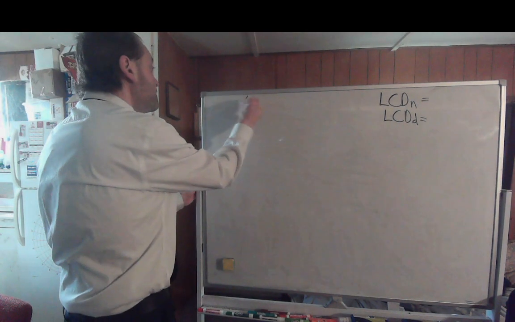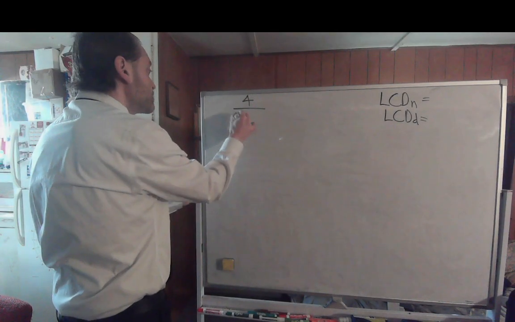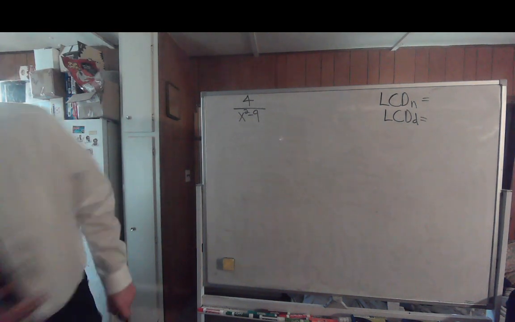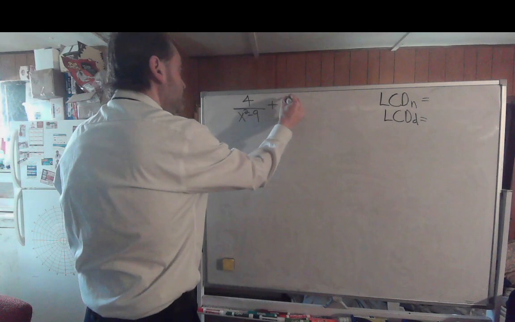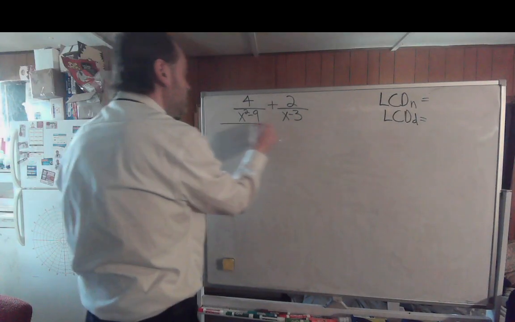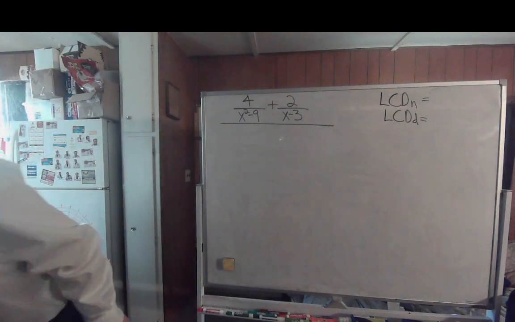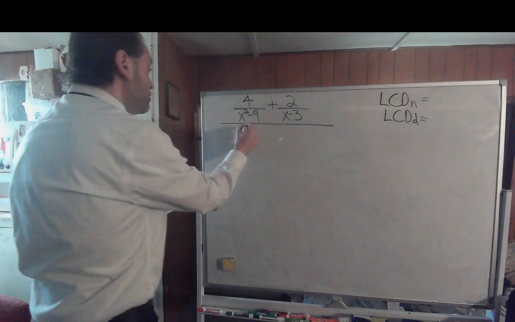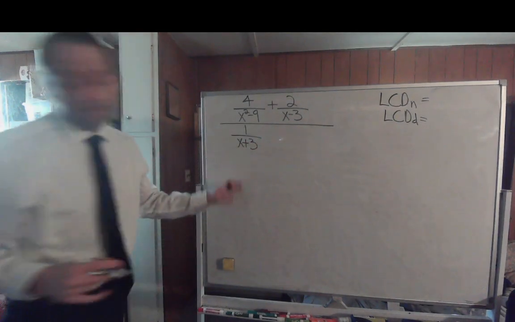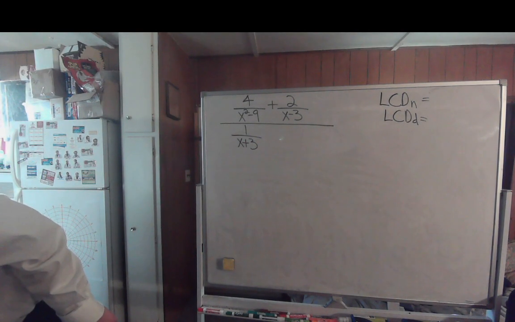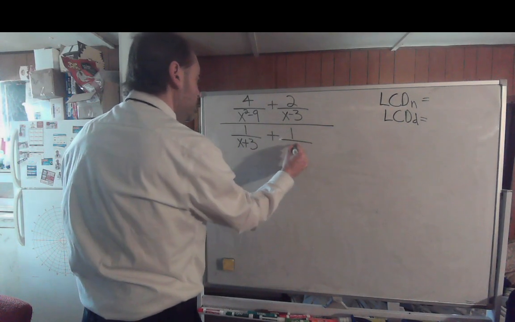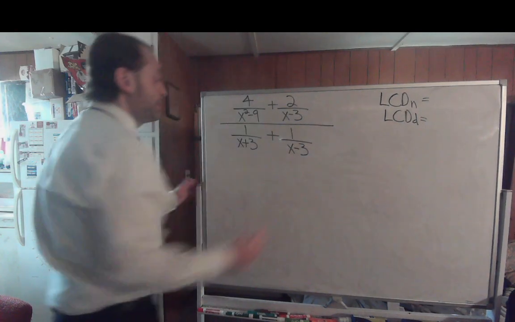Alright, so we have 4 over x squared minus 9 plus 2 all over x minus 3 all over 1 over x plus 3 plus 1 all over x minus 3.